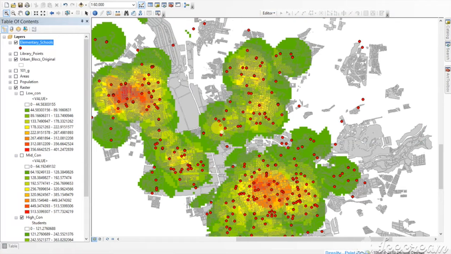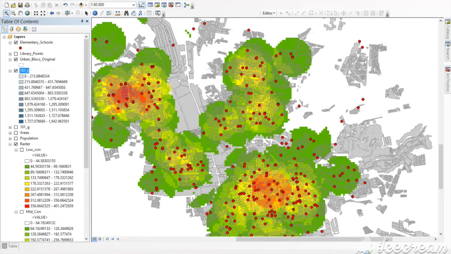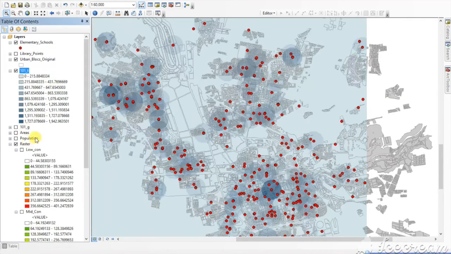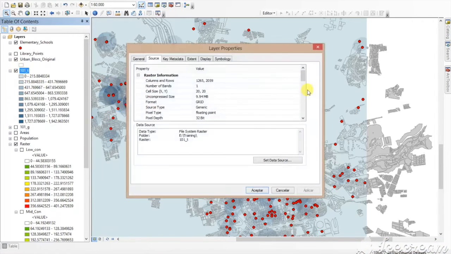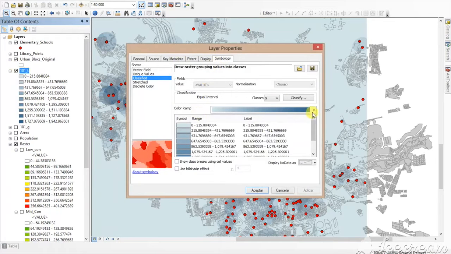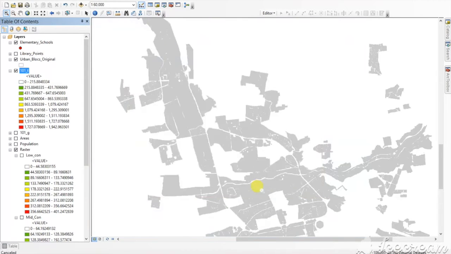Let's see what happens. It's gonna take a couple of seconds, but be patient. Okay, now we're seeing that we have bigger concentrations but smaller areas. So this serves us a lot when we're trying to determine the location for these libraries.